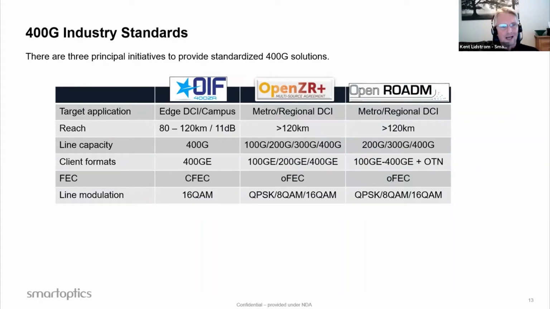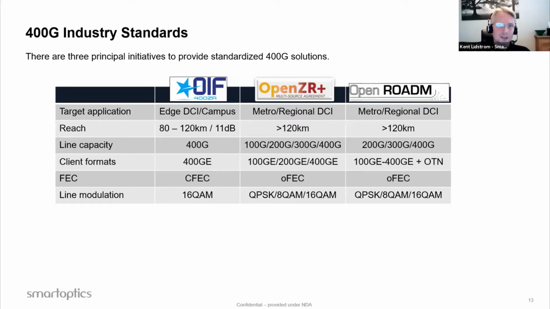It has a line capacity of 400 gig, and it only supports 400 gig client signals. So it will only be used in switches and routers for 400 gig with 400 gig Ethernet signals. It uses a CFEC on the line side, and the modulation on the line is 16 QAM.